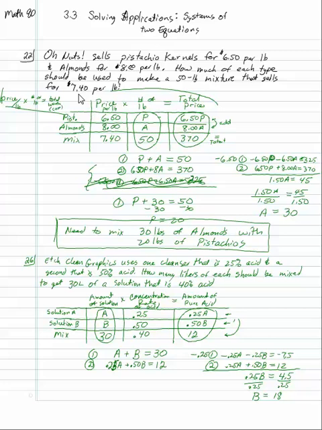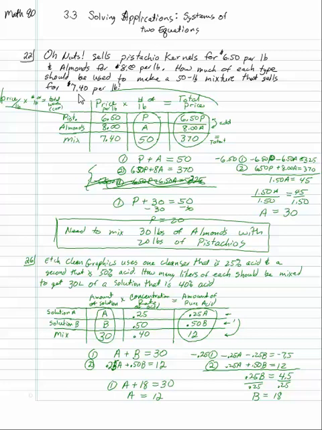Okay, so B is 18, and then I look at equation 1. If B is 18, A must be what? We get 30 minus 18, 12. So how much should we mix?